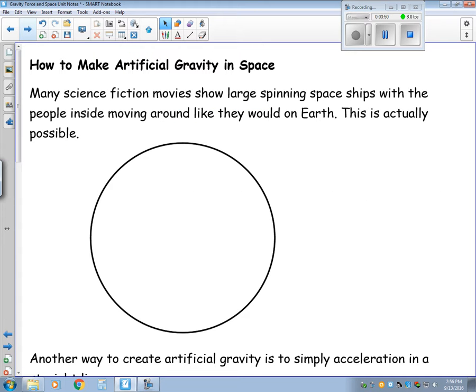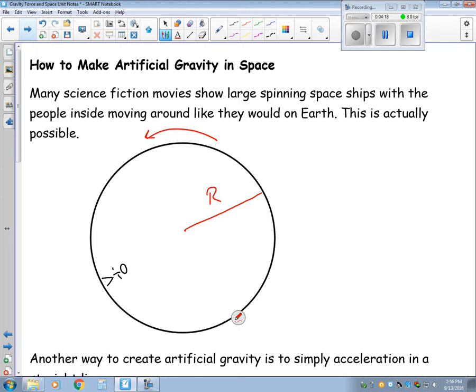We can also use this idea to help us make artificial gravity in space. In many science fiction movies that have some sort of space station, you'll notice that they're all spinning. They're very large and they're spinning, and basically people would move around on the inside wall. So this great big craft would have a huge radius.